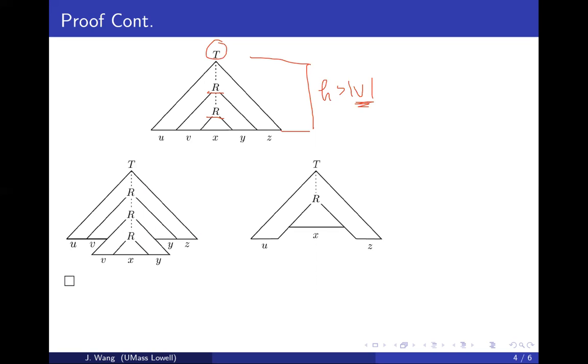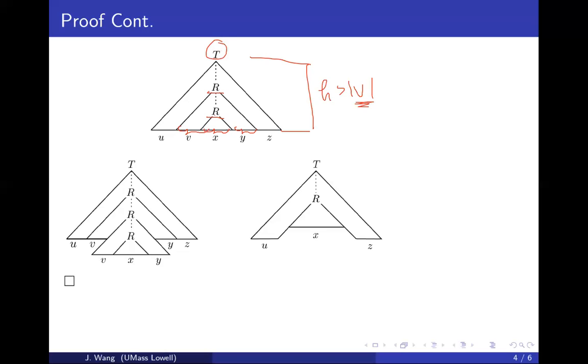For the lowest R, you're going here. We call it X, so this part is X. And between these two R's, we'll call that V on the left, and this is Y on the right of this X. And then from R to T, that portion is U, that portion is Z.